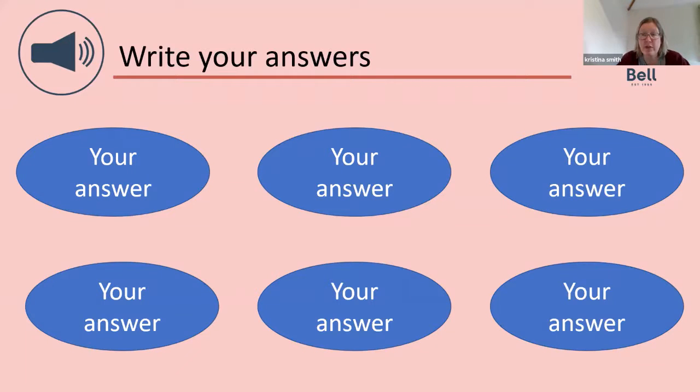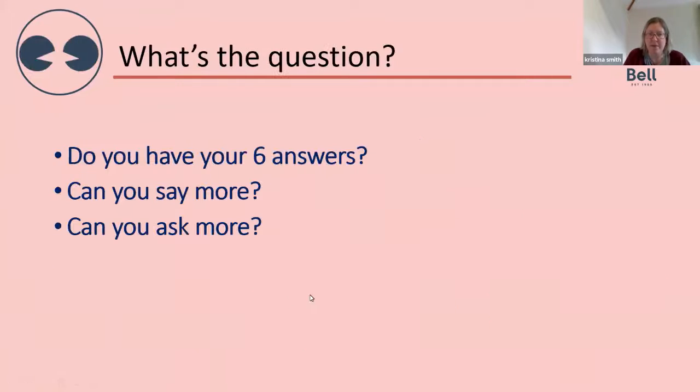Now you're going to go into breakout rooms. And you're going to practice. Let me show you the activity. Okay, so in your breakout room, I'm going to try to put you in a room with 3 people. I want you to take turns to say the answer, and the other person tries to find the question.